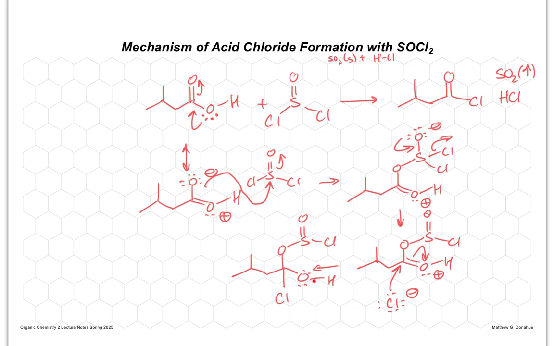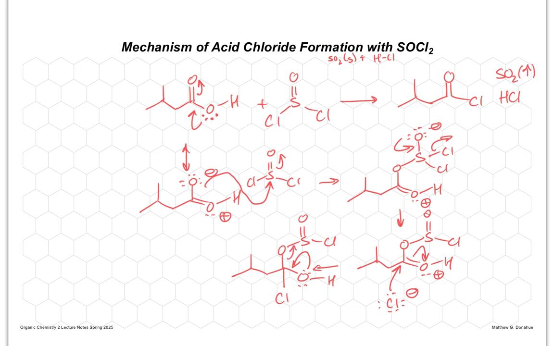Now this OH group, it's going to collapse back down to form a pi bond. So this pair of electrons drives the elimination. The CO bond will break.